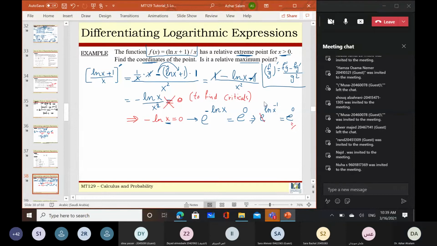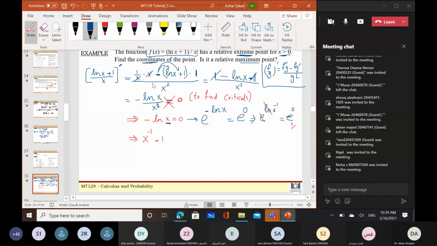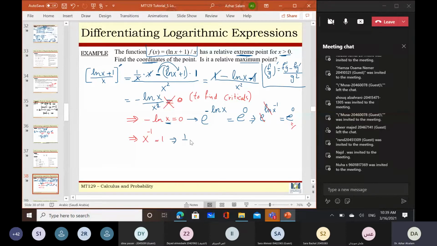And e will be deleted with ln. So only x to the power minus 1 will remain, equals 1. x to the power minus 1 is actually 1 over x equals 1. So here I have that x is equal to 1. This is the critical point for this function.